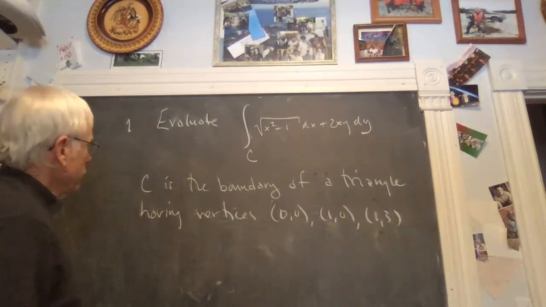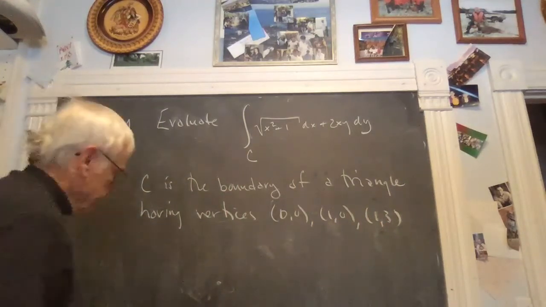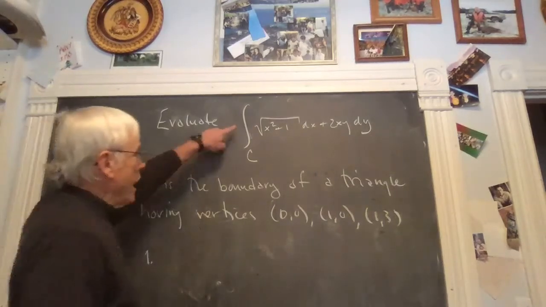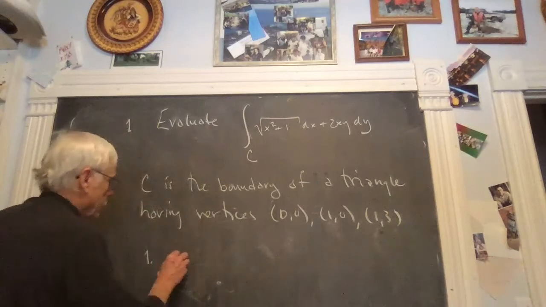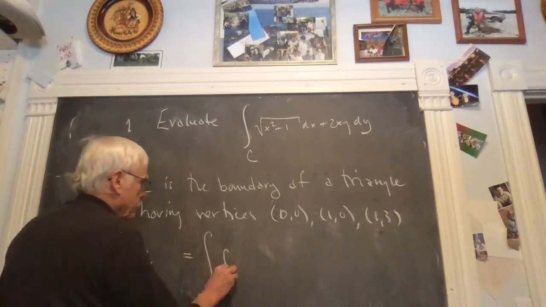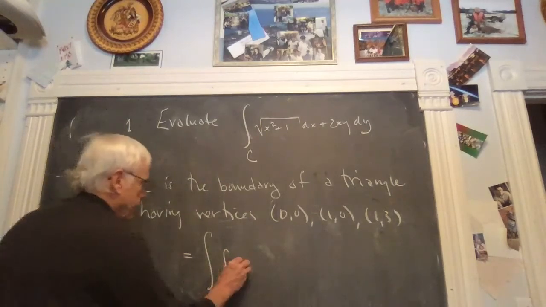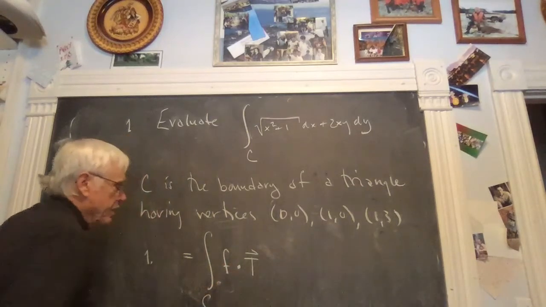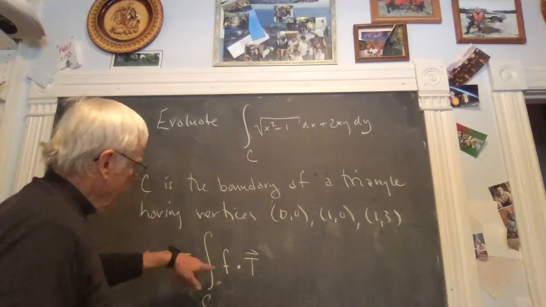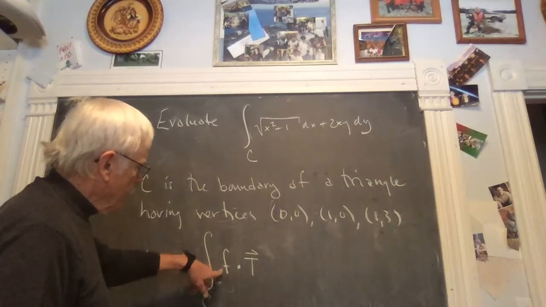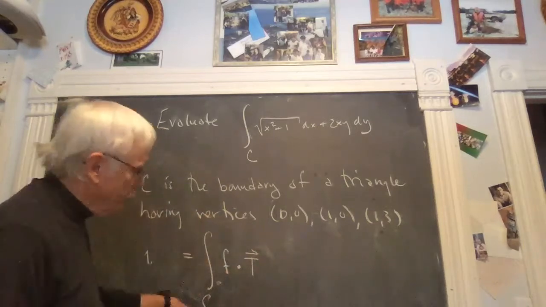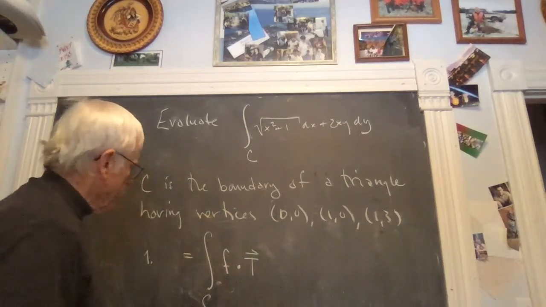So let's take a look at this. The first thing to notice is that this is a line integral that you're given. So this integral is equal to a vector field F dot T. So you're finding the integral of a force field, a vector field F along T, along a curve C in the tangential direction.